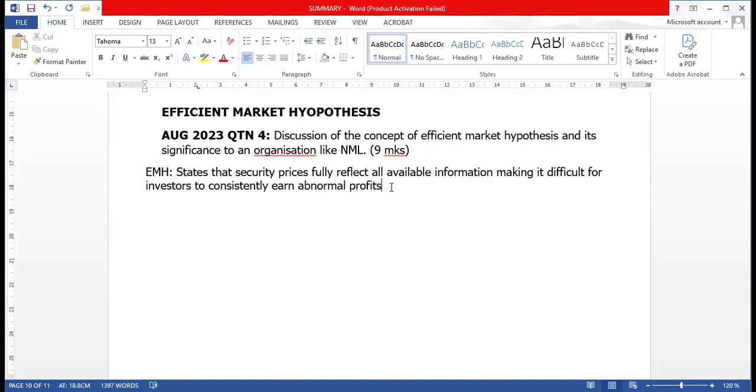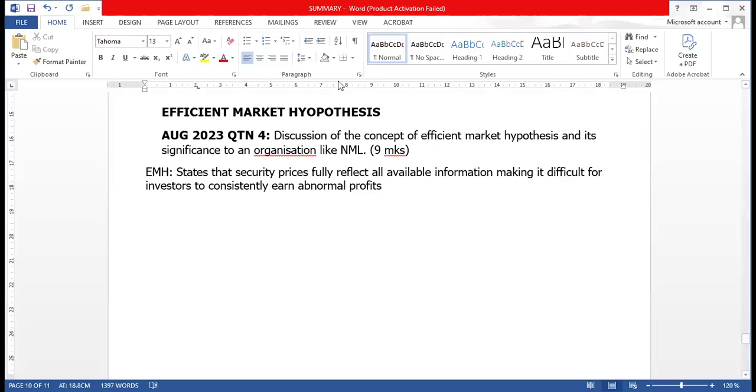So you as an investor, you are not going to earn profits because of such information. If it is information, it is available to all. So basically, that is the efficient market that we are talking about here, the assumption that we are making.